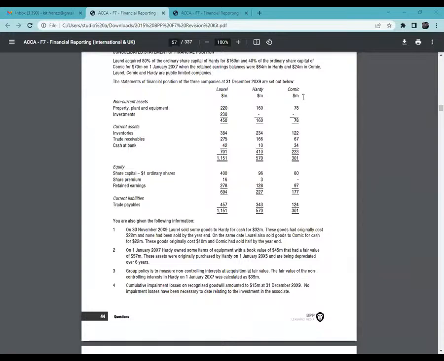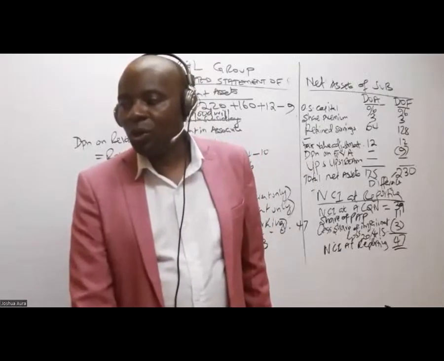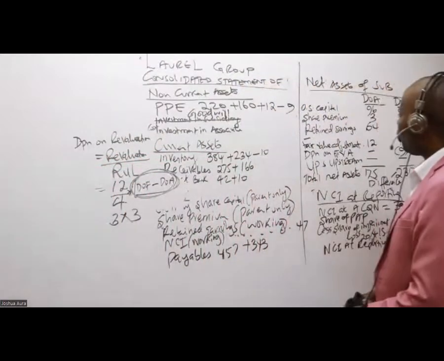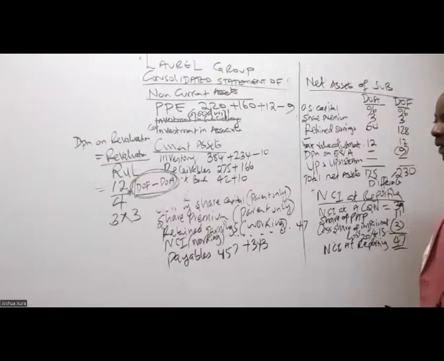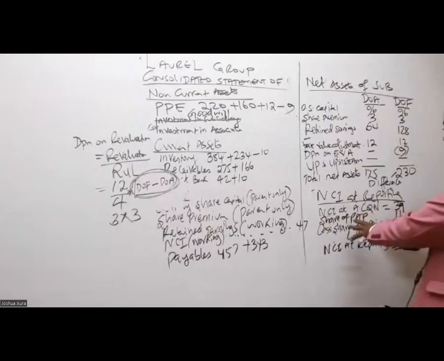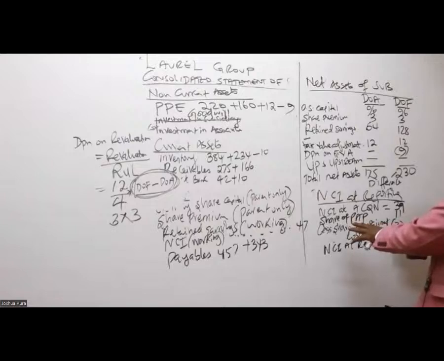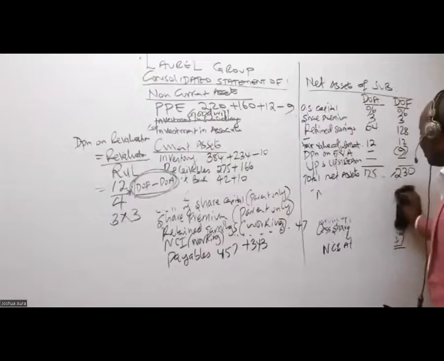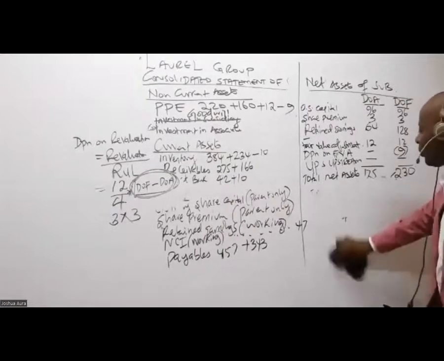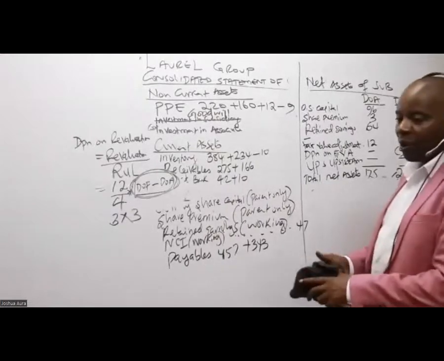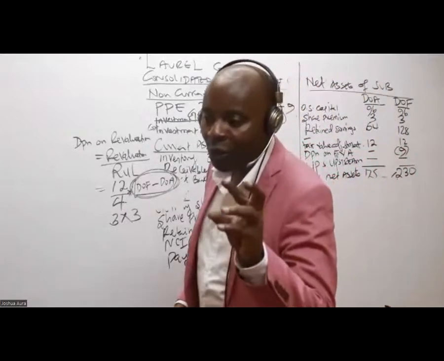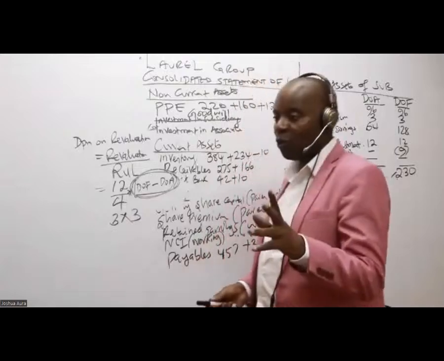Thank you so much. Now from there, we go to goodwill. So up to here, are we together? Can I rub this section? So goodwill, because I'm seeing in the question they have given me NCI information, I'm going to use the full goodwill method.